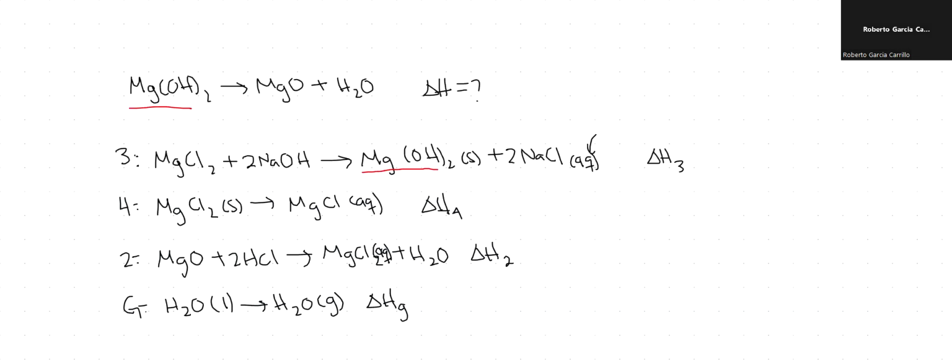And the magnesium oxide, which is a product in our reaction of interest, is a reagent in reaction number 2. So the first step is to flip these two equations so that the products are in the product position and the reactants are as reactants, as in the equation that we are interested in.